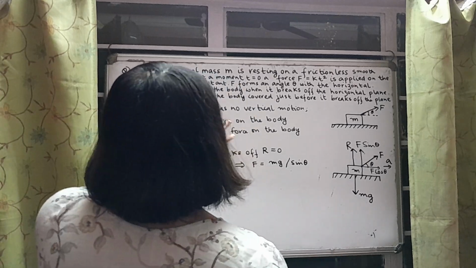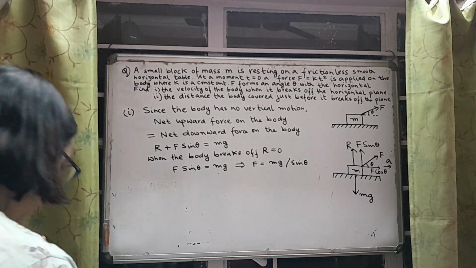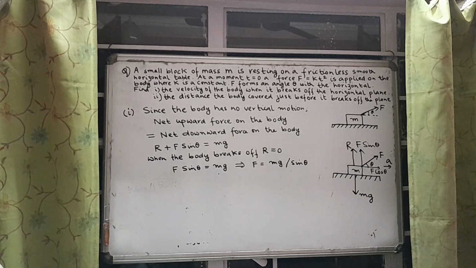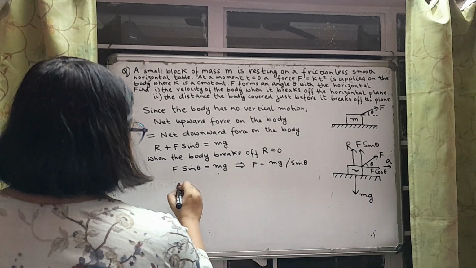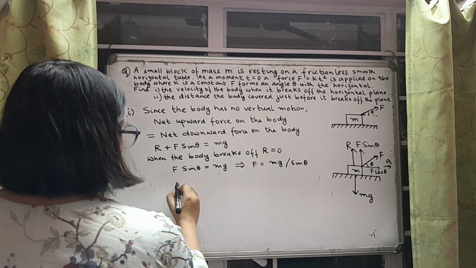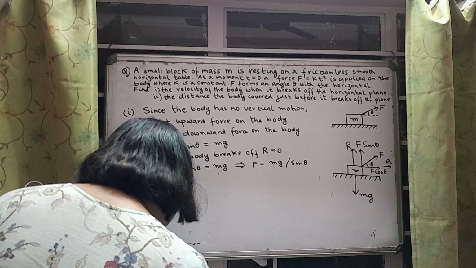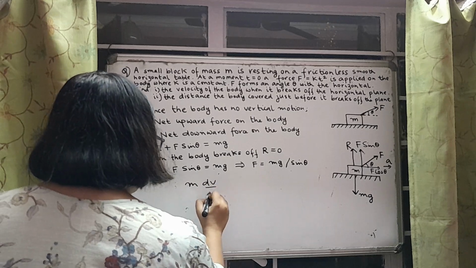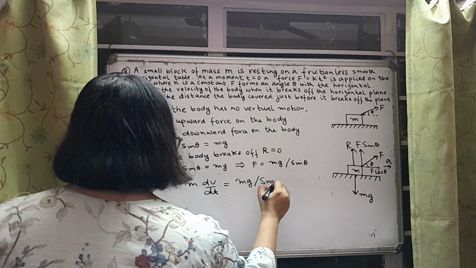Again, it is asking the distance covered before it just breaks off. The distance covered before it just breaks off. I can find an expression here. I can write m dv by dt equal to mg by sine theta.